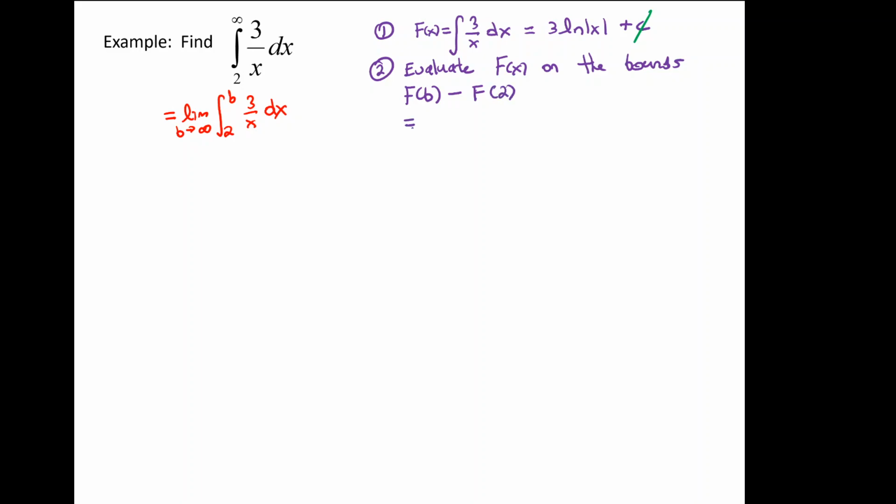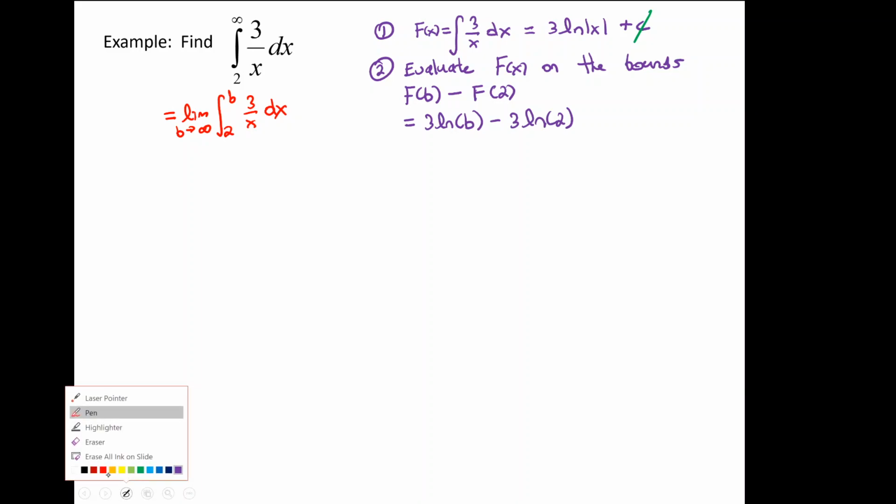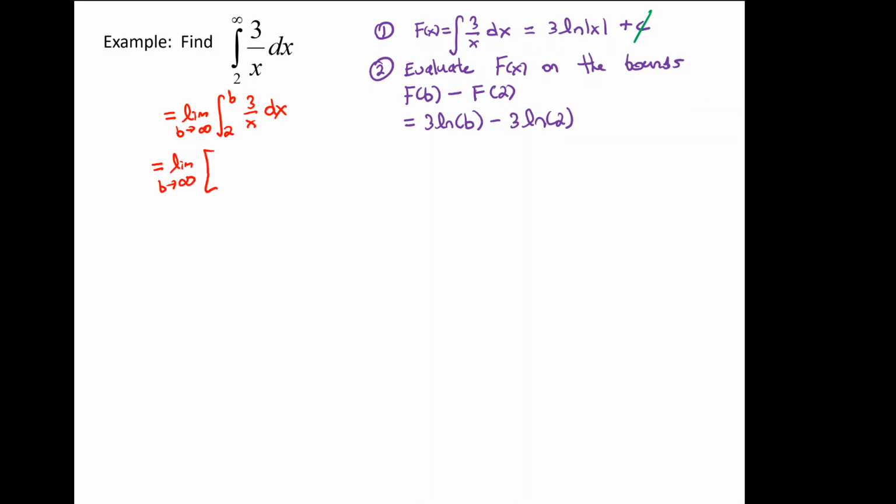So that will be 3 times the ln of b minus 3 times the ln of 2. Okay, now we can plug that in on the left, limit b approaches infinity, and then put the bracket in, put that purple stuff in here. 3 ln b minus 3 ln 2.